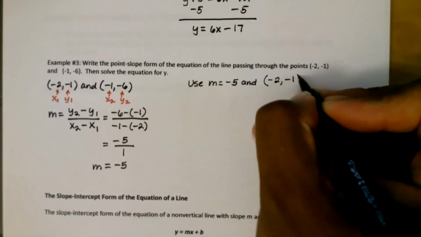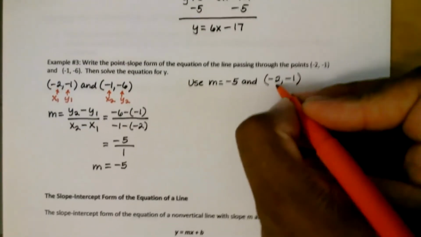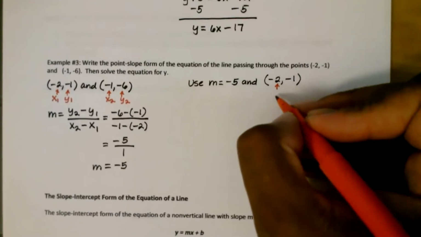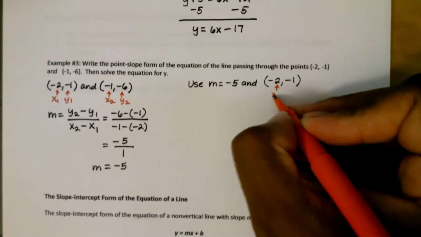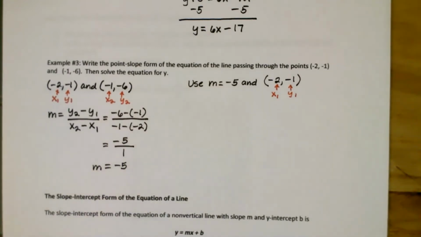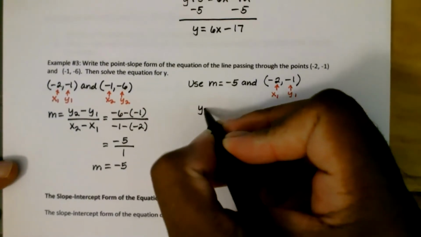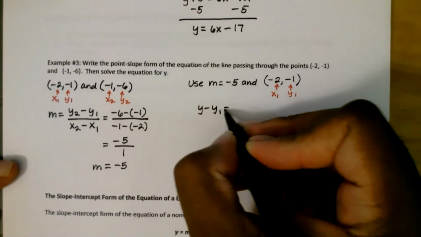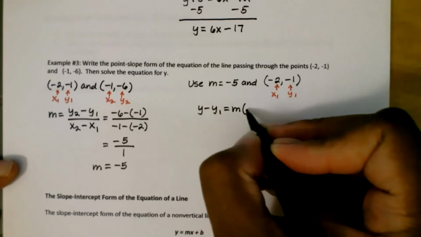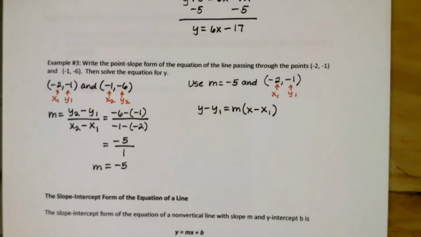Really doesn't matter which one you use. And if I use that, then that means that -2 will be x1 and -1 will be y1. And of course, my point slope form is this: y minus y1 is equal to m, which is the slope, times x minus x1.